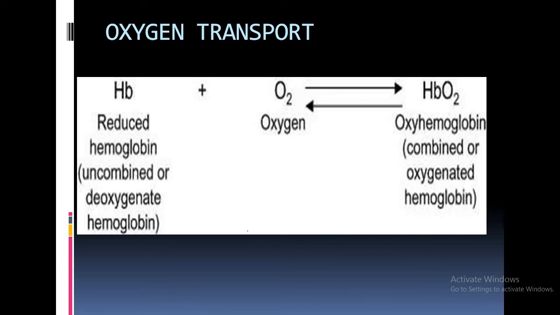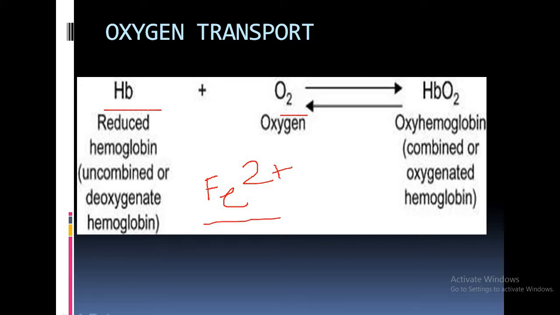What is the function of RBC? RBC carries oxygen because it has hemoglobin as pigment. Hb is used to denote hemoglobin, and in hemoglobin iron is present in 2+ valency status. As we know, iron has variable valency, so in hemoglobin it is present in 2+ valency status.